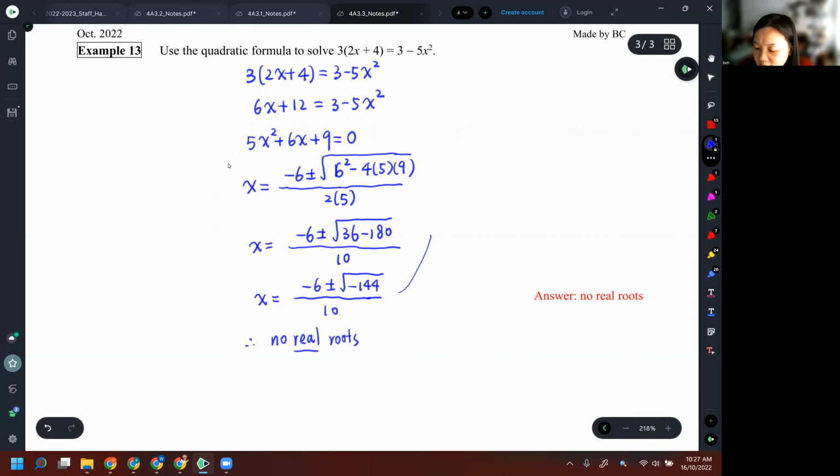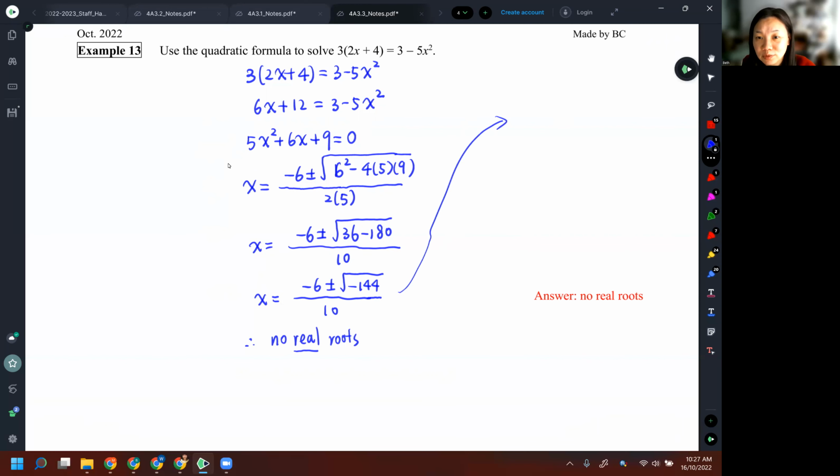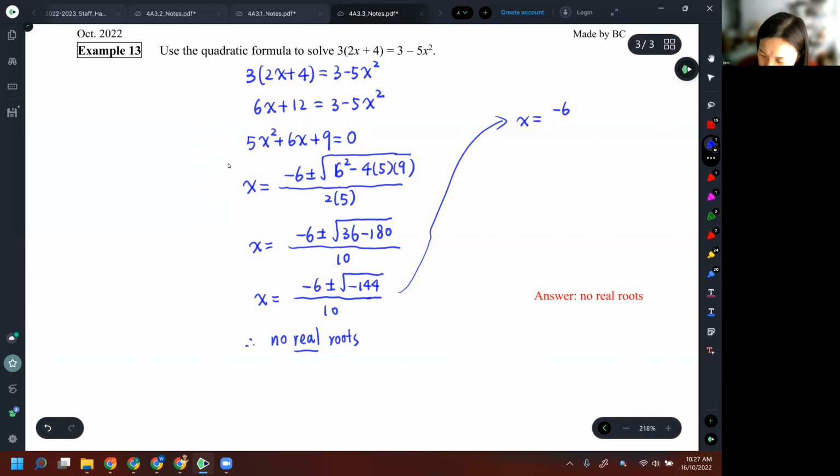If you continue this, which is not necessary, you can find the two imaginary roots.